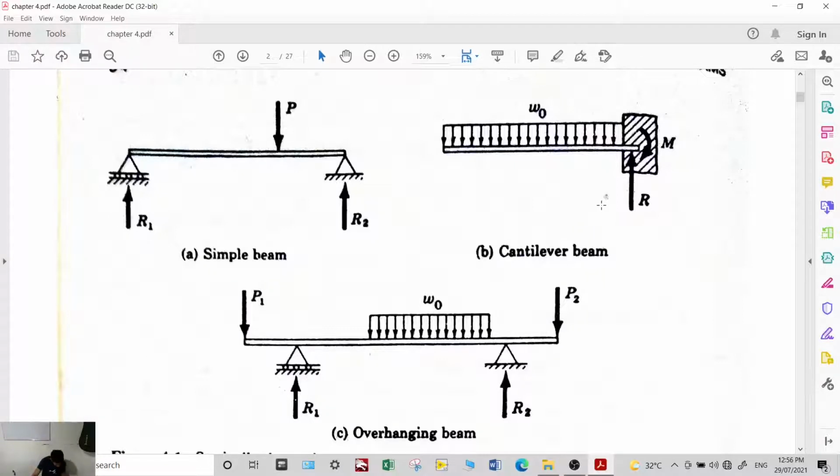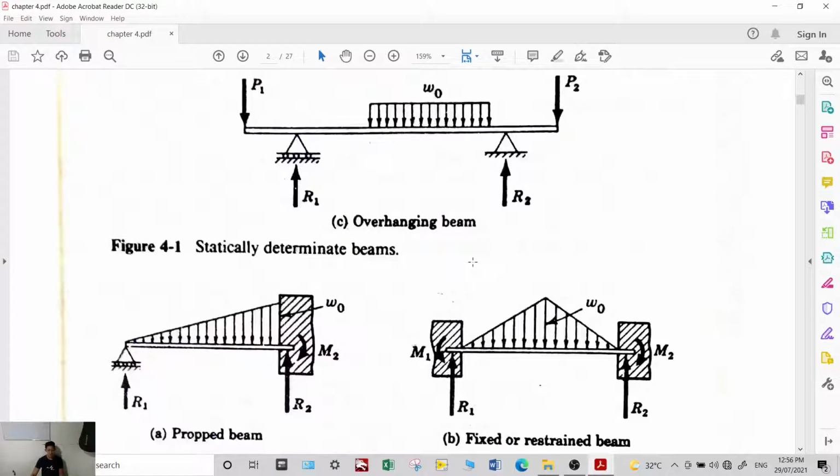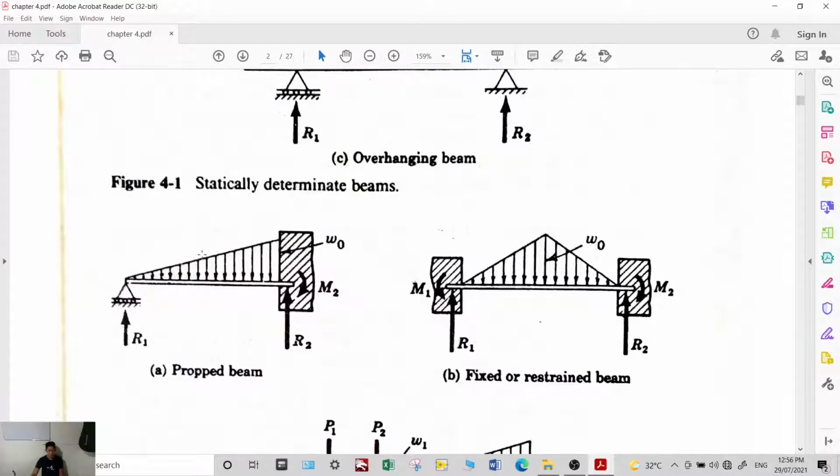Okay, so another type is a mix. Letter C, mixed distributed and concentrated load. We also have this one, triangular loading. You may have heard of water pressure, right?